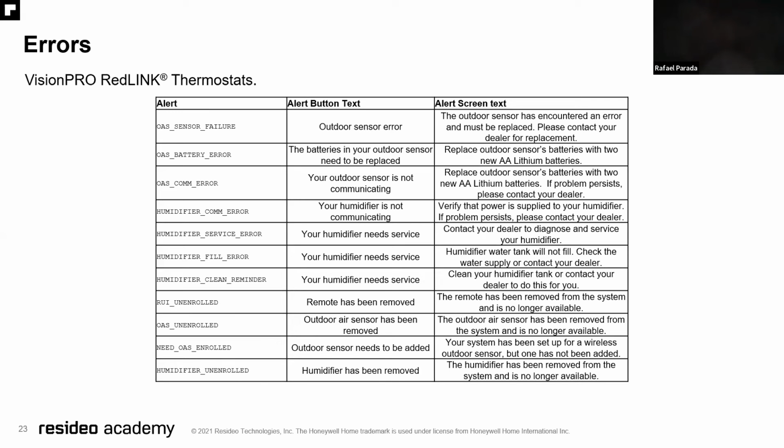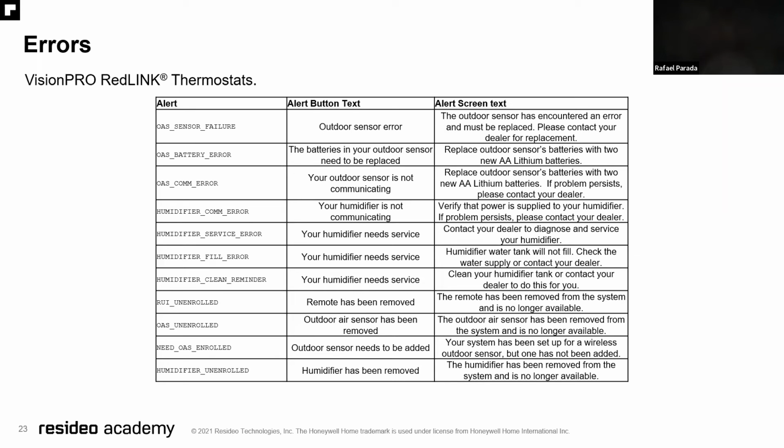Well, the battery sensor error, we need to replace the batteries, really easy to solve. And the communication error is that the thermostat lost communication with the outdoor sensor. That means the sensor was working properly, there was no alert about the battery running low, and suddenly it lost communication.